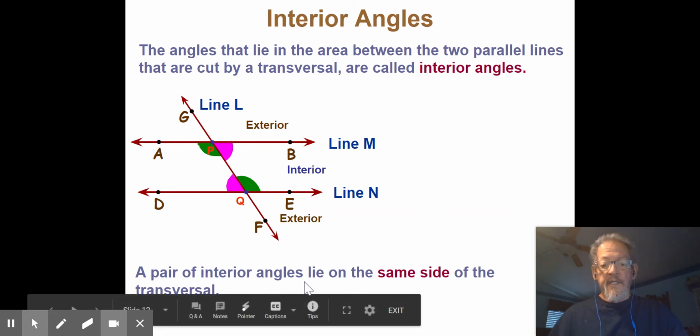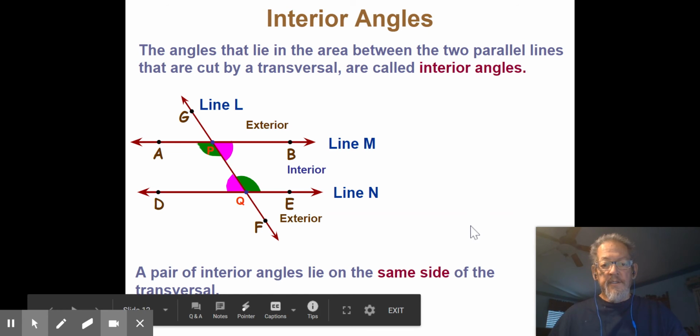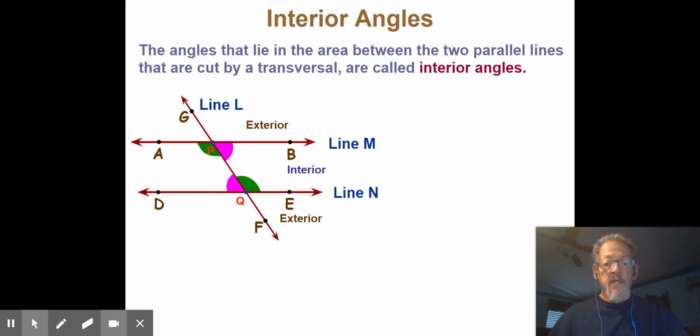So a pair of interior angles that lie on the same side of the transversal are same side interior, or consecutive. And the alternate ones are congruent.